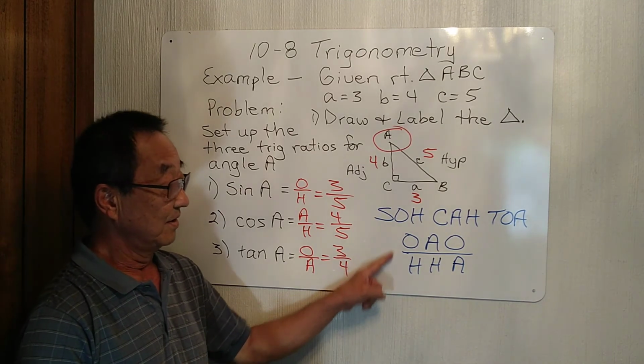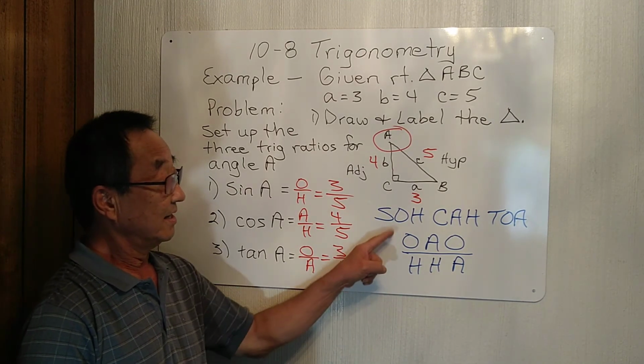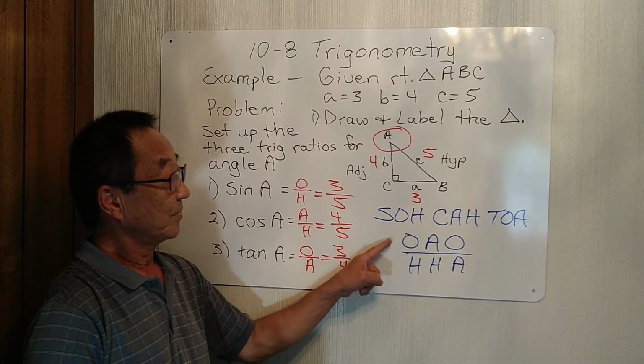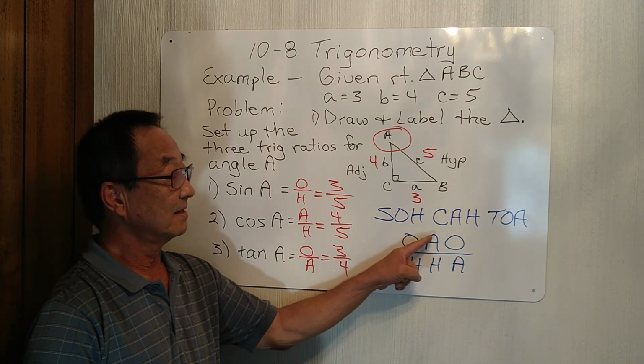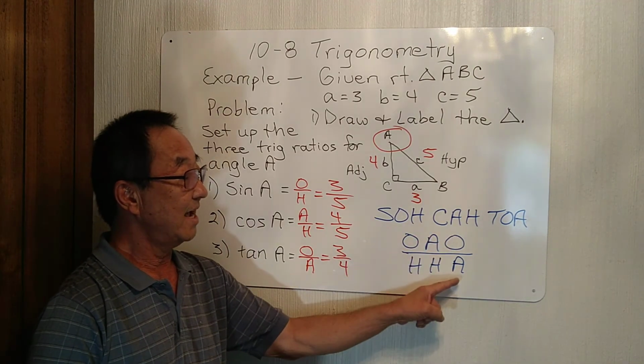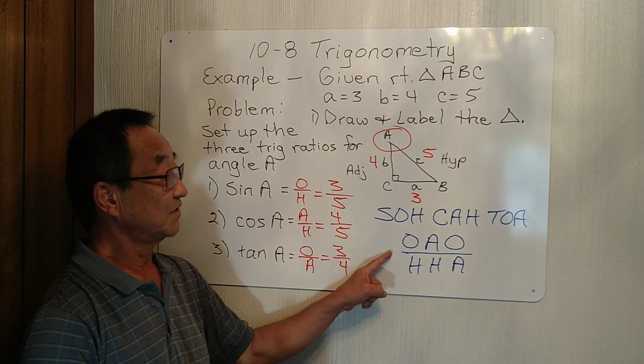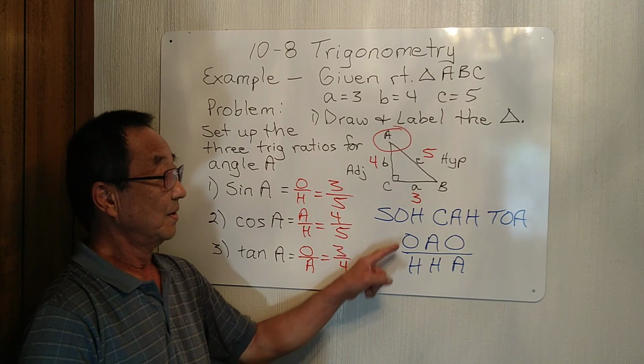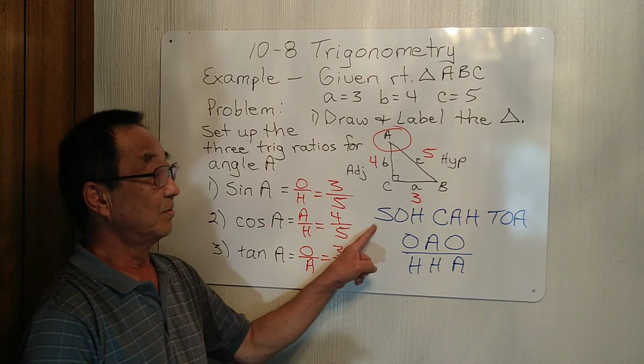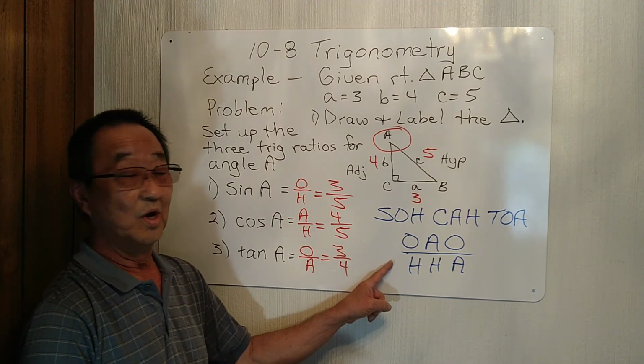And if you learn this setup like this, it does the same thing as this. This first part is the sine, this is cosine, this is tangent, but it shows you what the relationship is as far as a fraction is concerned. So you can do either one to help you memorize what is going on.